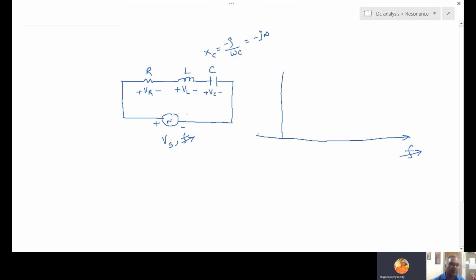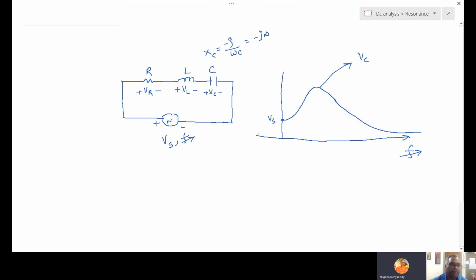What is the voltage across this open? It is Vs. So it starts with a voltage of Vs. Then it will go high, again come to zero. When frequency is infinite, it becomes short. When it becomes short, voltage goes towards zero. This is the plot of VC.